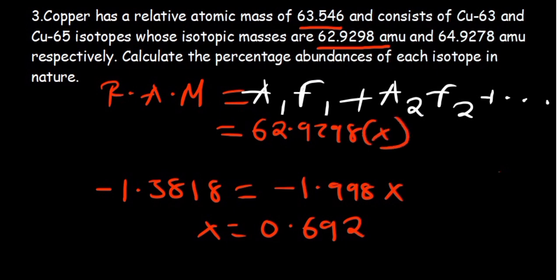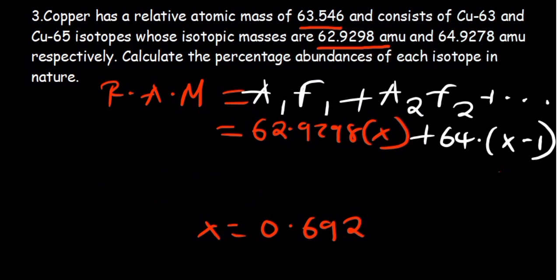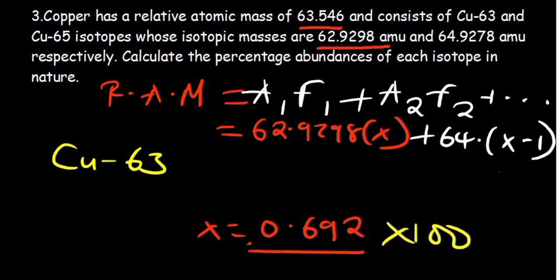Then the other part we had attached a value of 1 minus x. So the percentage abundance for the first one, having x, is supposed to be multiplied by 100, which is going to give us, so copper 63 has a percentage abundance, multiply this by 100, it's going to be 69.2%.